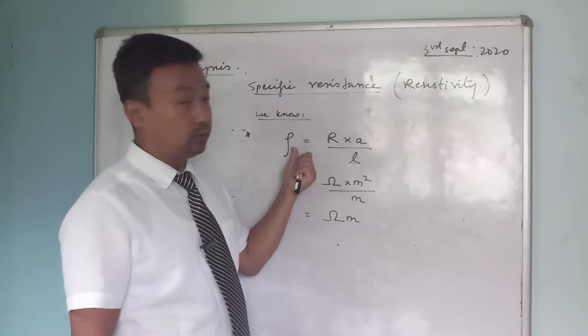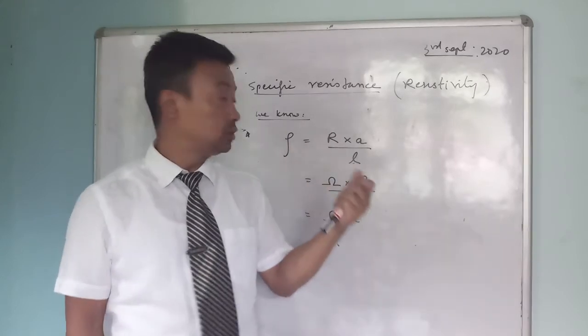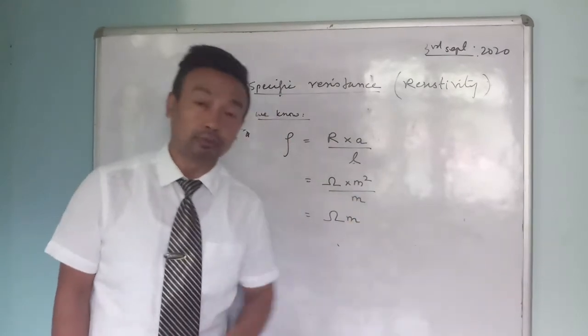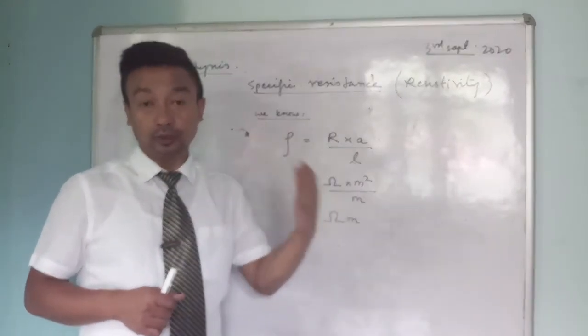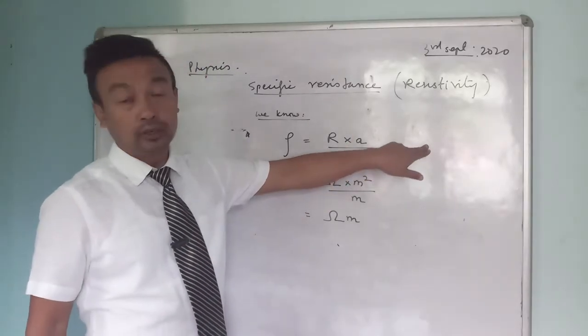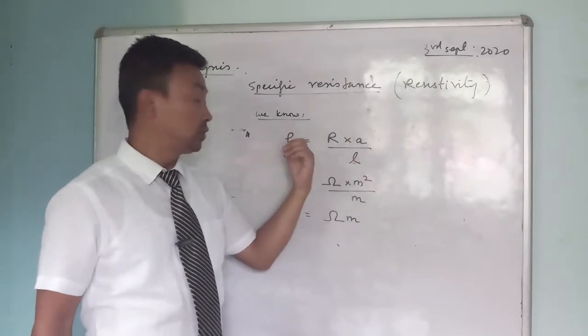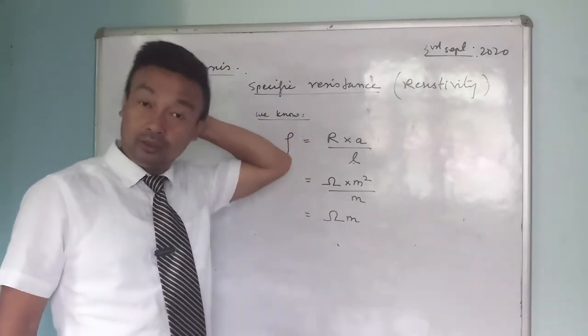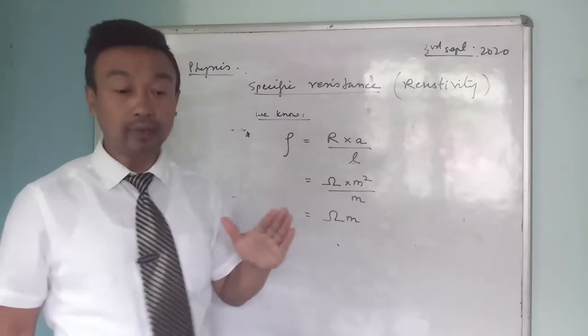But here we have specific conditions. It is not that the specific resistance is directly proportional to the temperature. Sometimes with a different material, when the temperature is increased, the specific resistance may decrease, or when the temperature is decreased, the specific resistance may increase.